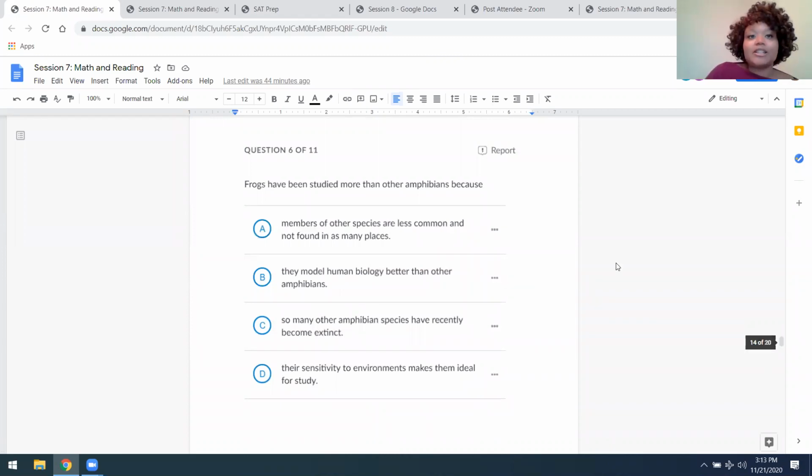Okay, number 6. Frogs have been studied more than other amphibians because... another answer choice A. Yes, and all these are answer choice A. It's so weird. I didn't even notice that before. It is answer choice A. Members of other species are less common and not found in as many places.